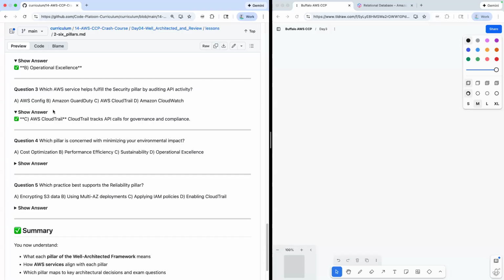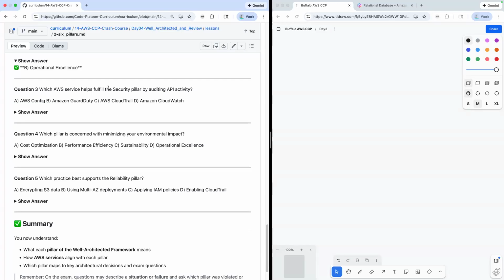And I was going to say, this is a great question to use the process of elimination as a test taking strategy. If I'm looking at this question and I see auditing API activity, I think monitoring, I think logging. So A and B, I strike off, and I've now basically got a 50% shot at it without even knowing what these are. And again, I think the right mnemonic is CloudTrail is for tracking the trail for auditing and logging.